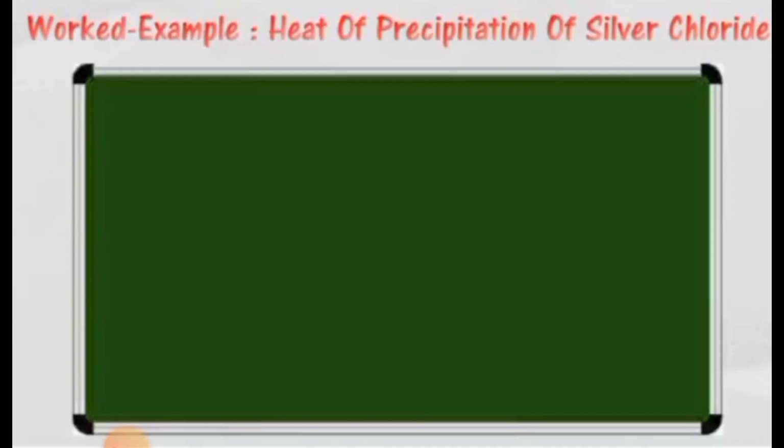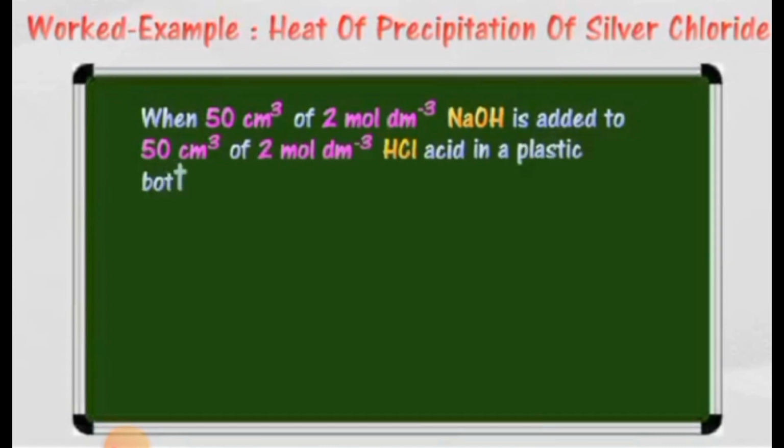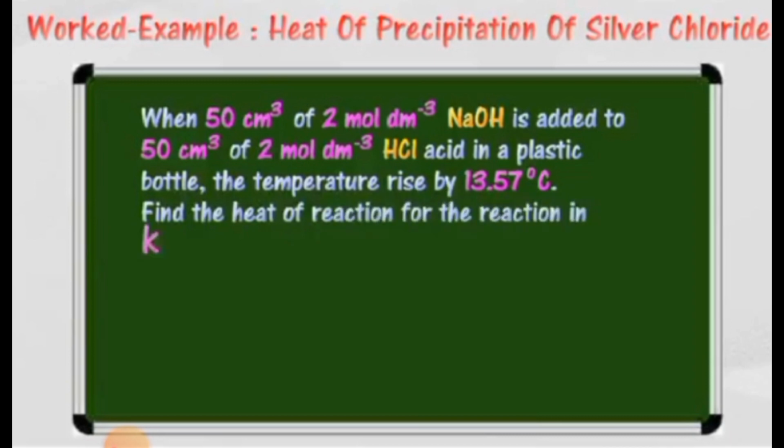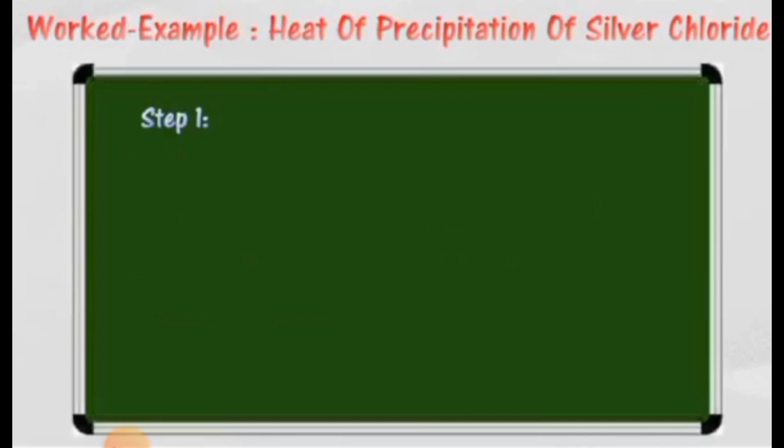27. Solution. When 50 centimeter cubed of 2 molar sodium hydroxide is added to 50 centimeter cubed of 2 molar hydrochloric acid in a plastic bottle, the temperature rises by 13.57 degrees Celsius. Find the heat of reaction in kilojoule per mole. The first step is to calculate the heat change.